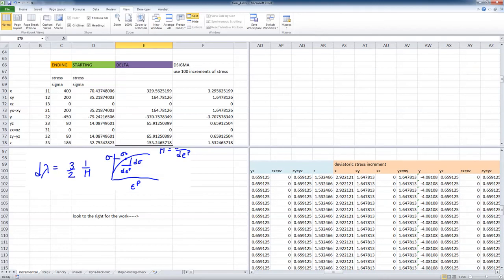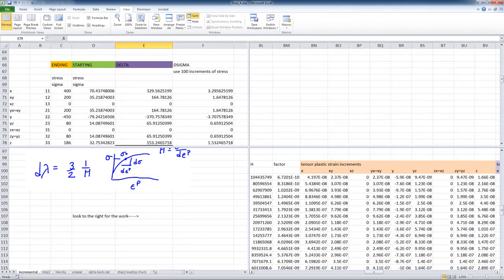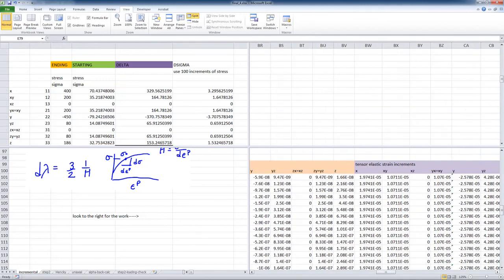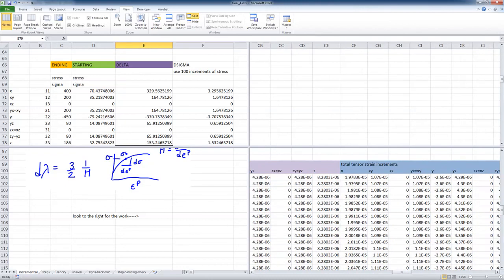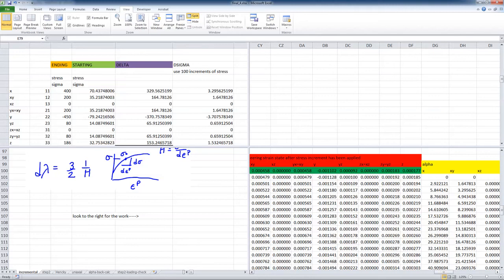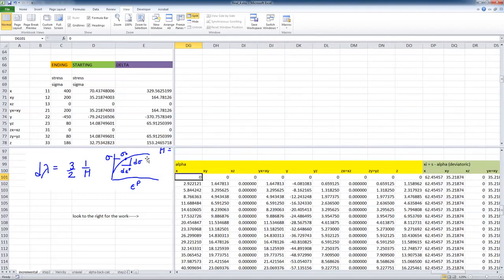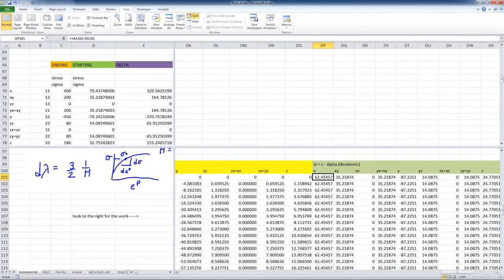Alright, now I have my deviatoric stress increment. Let's go over here. We talked about calculating plastic tangent modulus and the strains. Let's see if we can find our alphas. Okay, here it is. Here's my alpha. It starts out at 0 for all of these terms. Here is my xi, which is equal to S minus alpha for all of those terms.